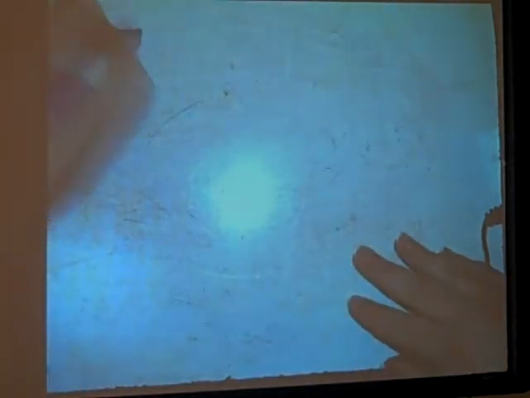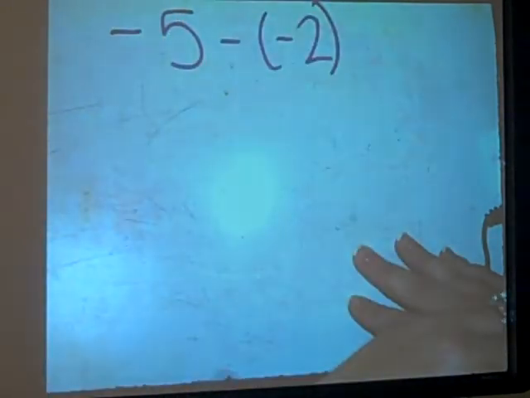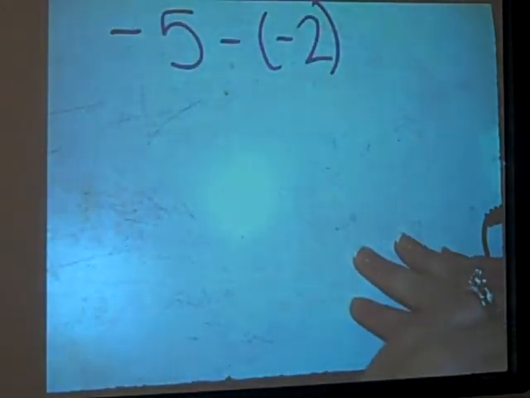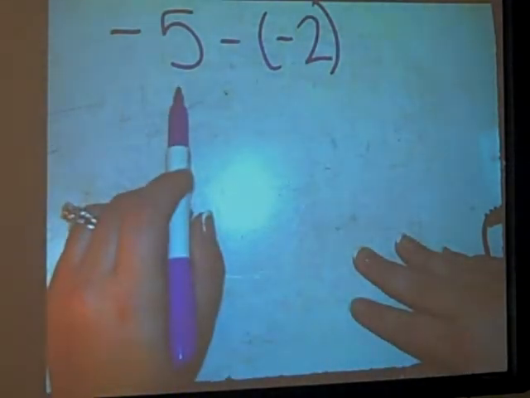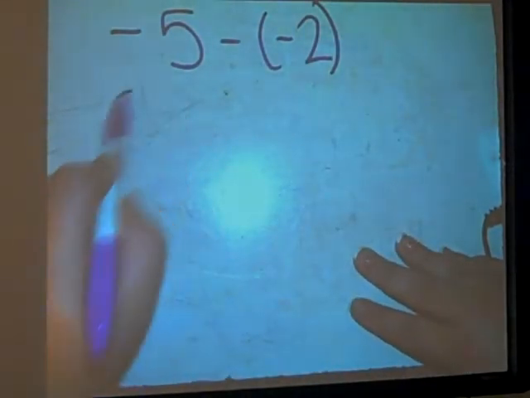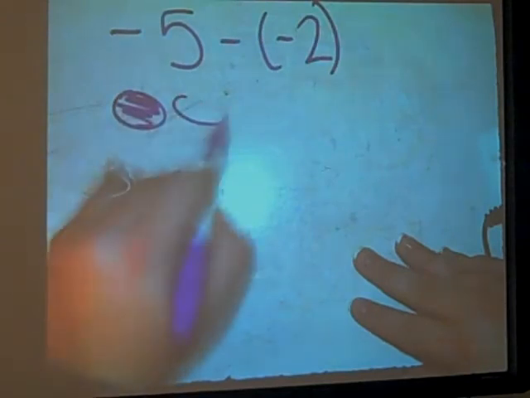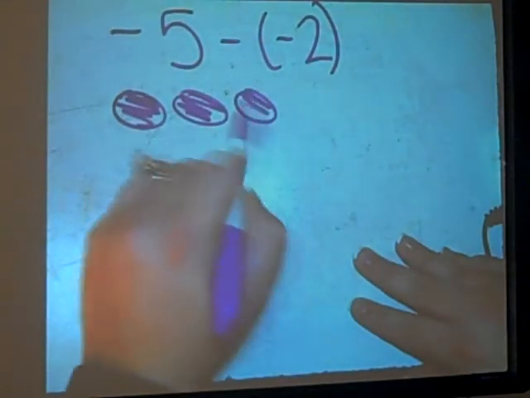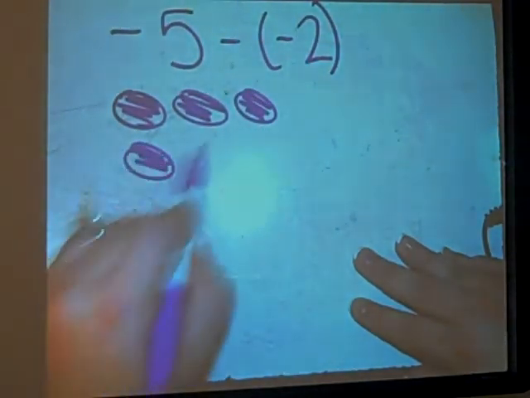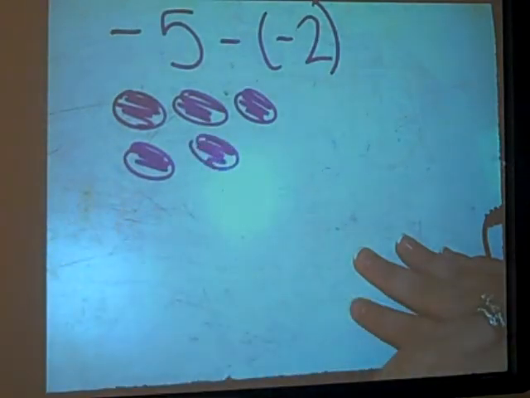Look at number 3. That was negative 5 minus negative 2. First, for subtraction, we only do our first number. So I need to see 5 shaded in circles. 1, 2, 3, 4, 5.